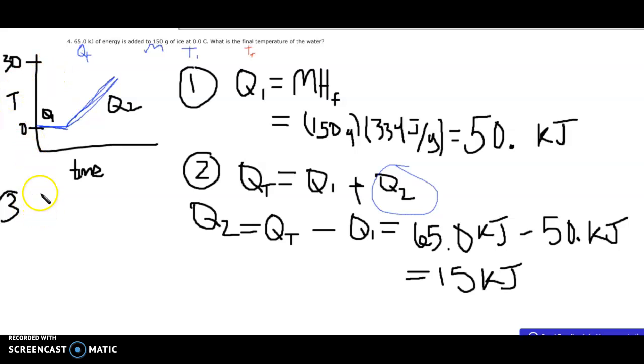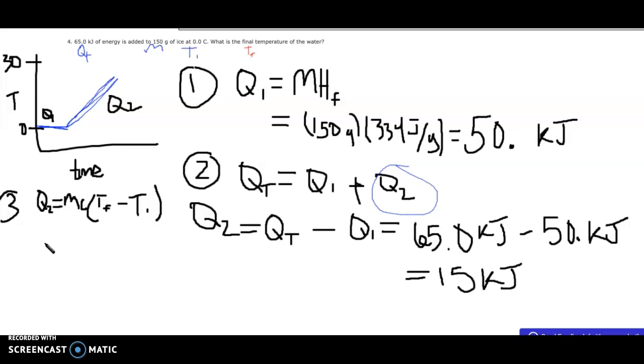So we have Q2 is equal to MC delta T, which is temperature final minus temperature initial.